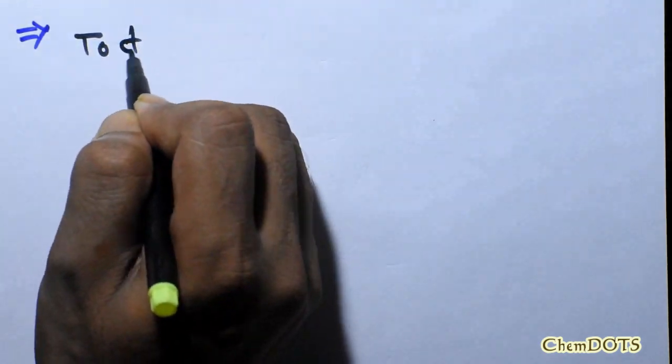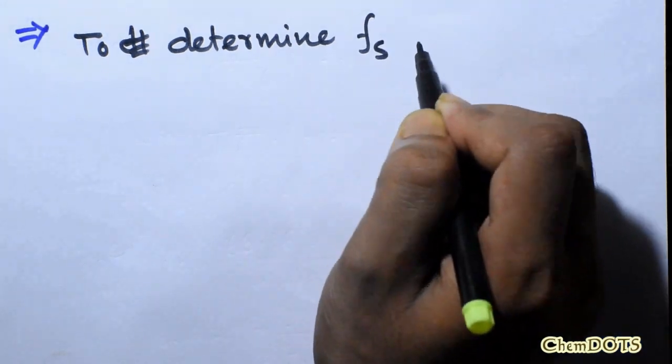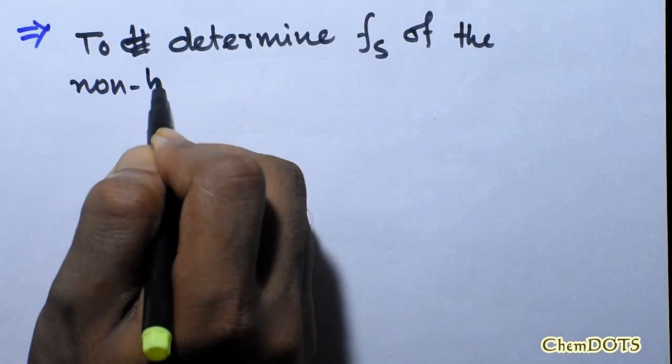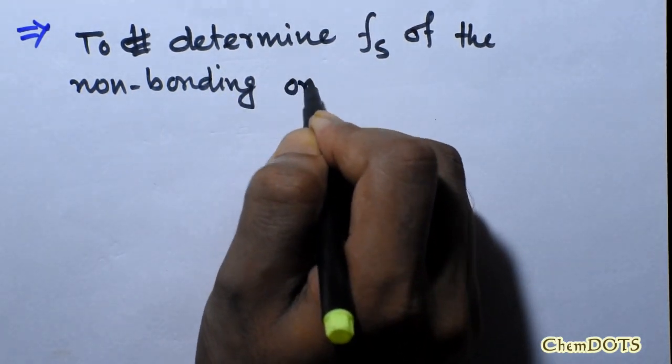To determine the fraction of S character used for the non-bonding electron pairs in ammonia, we have to consider that the fraction of total S character will be 1.